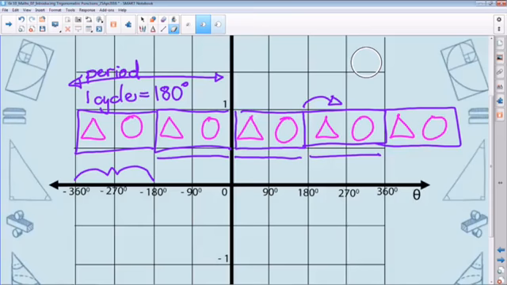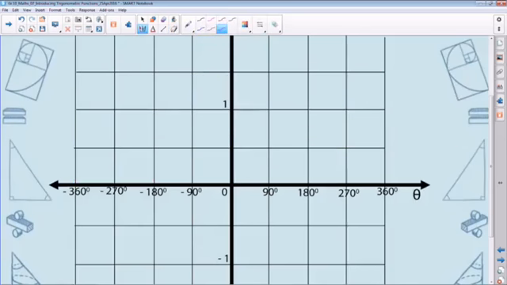I'm just going to get rid of all of my drawings here. There we go, like magic. And let's start with the cosine graph. Now, once again, I'm going to draw the basic cos graph, and then I'm going to prove to you that I'm right. So it's going to start at 1, go down to 0, then to -1, then up to 270, and up to 360.